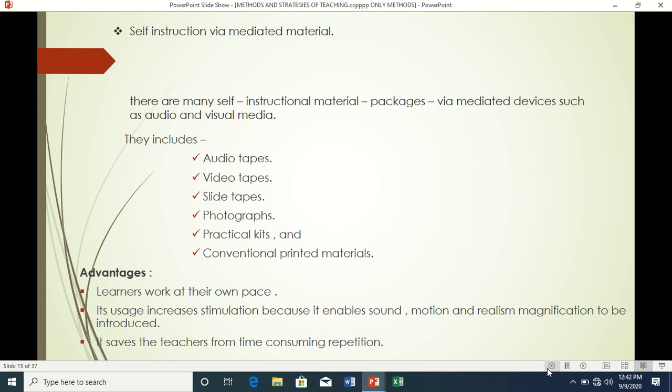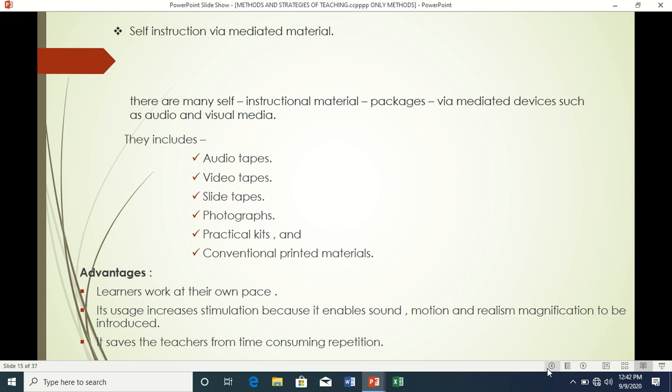The student looks at the pictures accompanied by voice, and unlike the slides and the conventional printed material that a student can lay his or her hands on and then self-instruct. That is why it is labeled self-instruction.